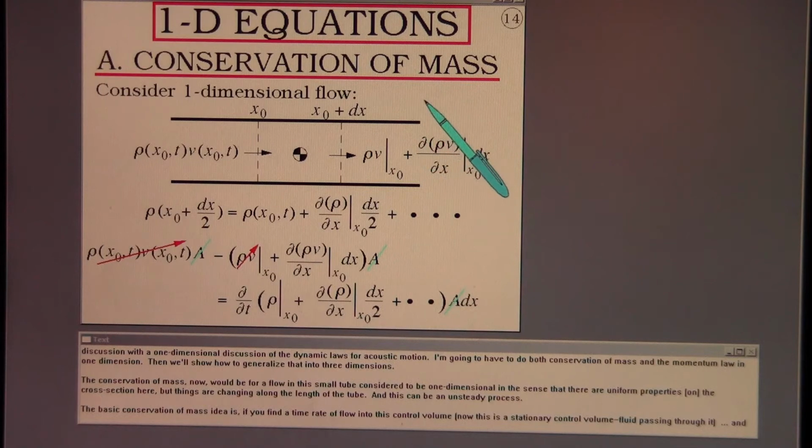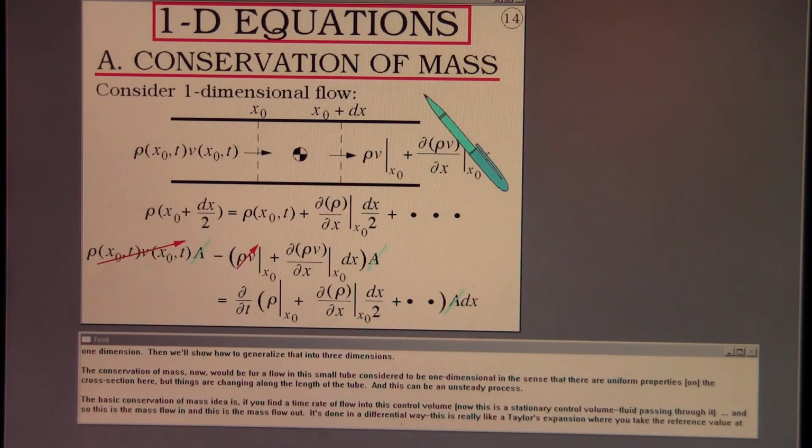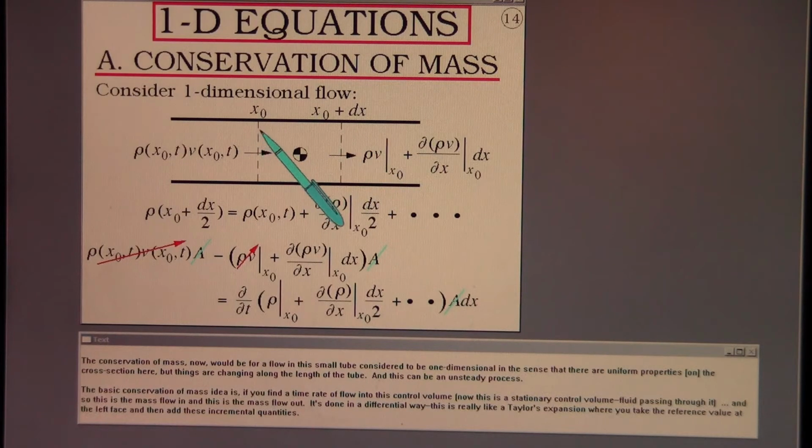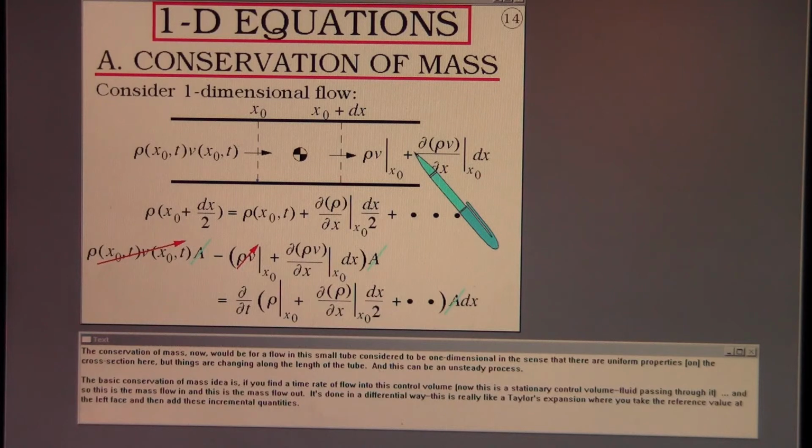Then we'll show how to generalize that into three dimensions. The conservation of mass now would be for a flow in this small tube considered to be one-dimensional in the sense that there are uniform properties along the cross-section here. But things are changing along the length of the tube. And this can be an unsteady process.